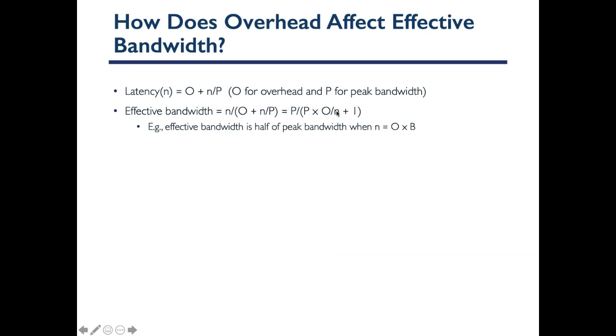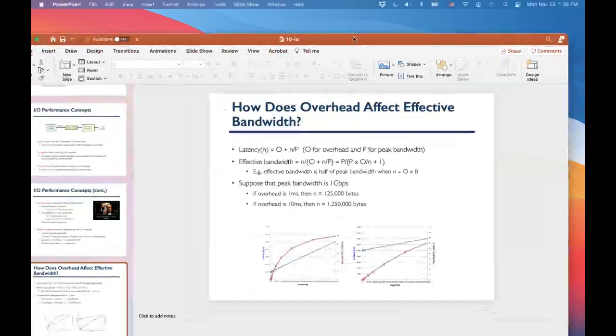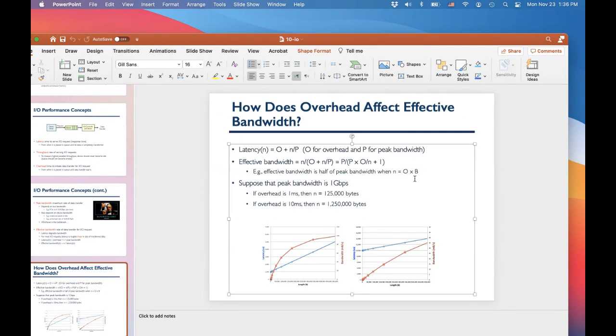Now, using this formula, how can effective bandwidth be half of peak bandwidth? You can just say, I want this formula to be p divided by 2, and then solve for n. You'll realize that if that's the case, then n should be overhead times p. Okay, so this was a typo, it should be p.